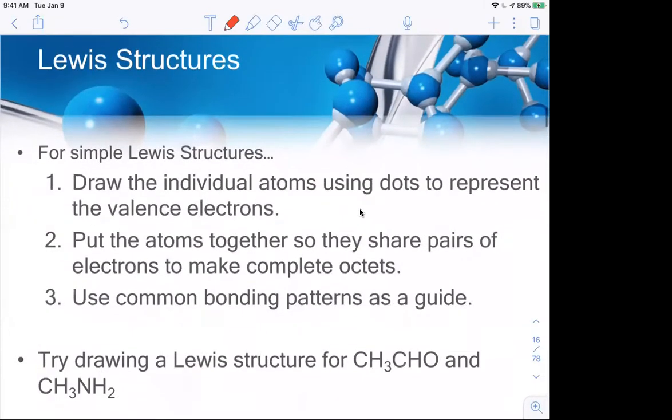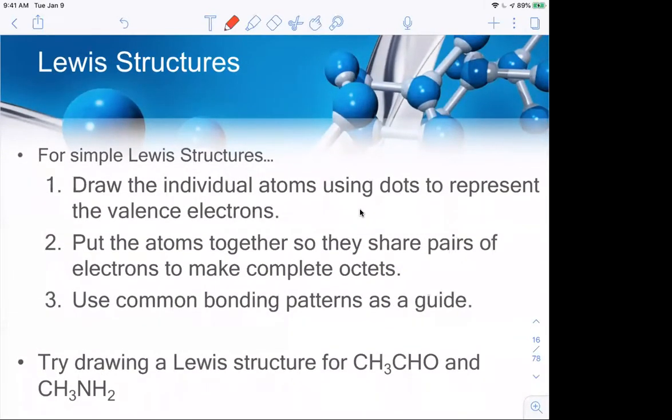So in order to draw Lewis structures, you're going to draw the individual atoms using dots. You are going to put the atoms together so they share pairs of electrons to make complete octets. Basically, I'm connecting the dots. And I must use these common bonding patterns as a guide.